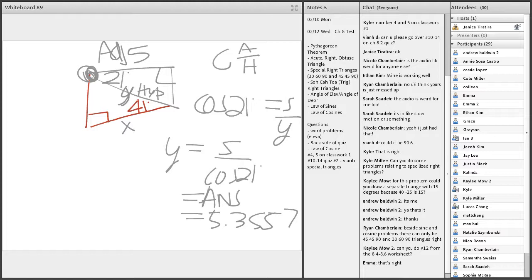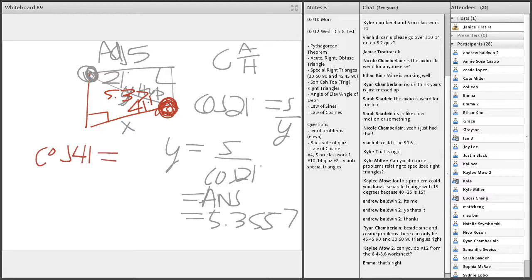Then if I look at the red picture, if I already have this is 5.3557, starting at 41 degrees, I have cosine once again. So I have cosine of 41 equals x over answer, right?